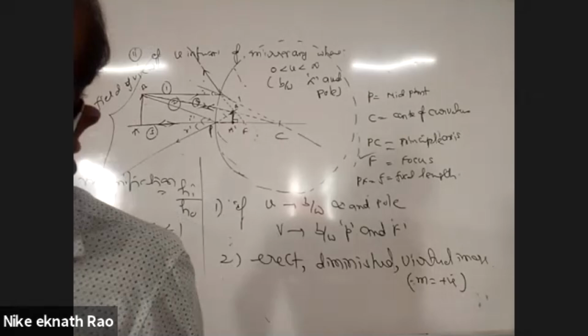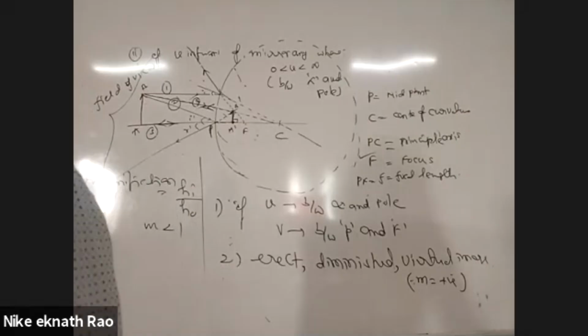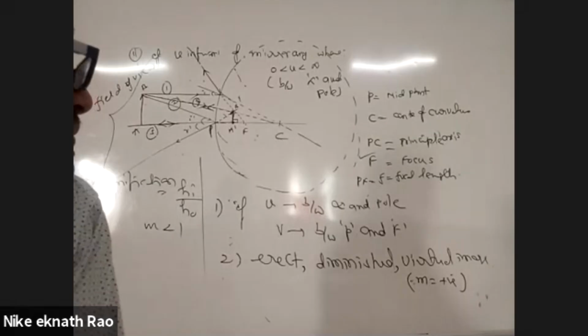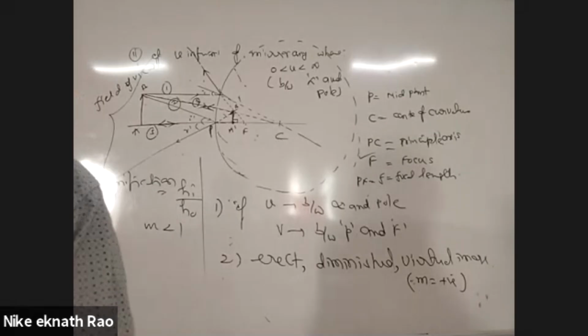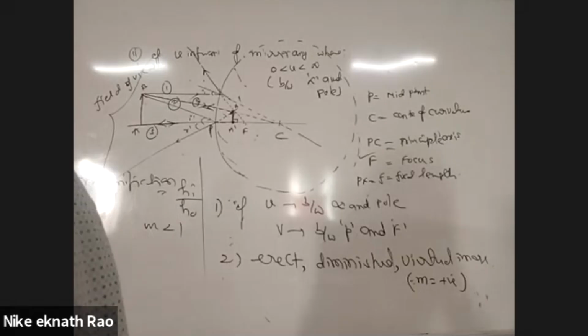For any position of object in front of a convex mirror, in brackets for a real object, it forms a virtual, erect, and diminished image.